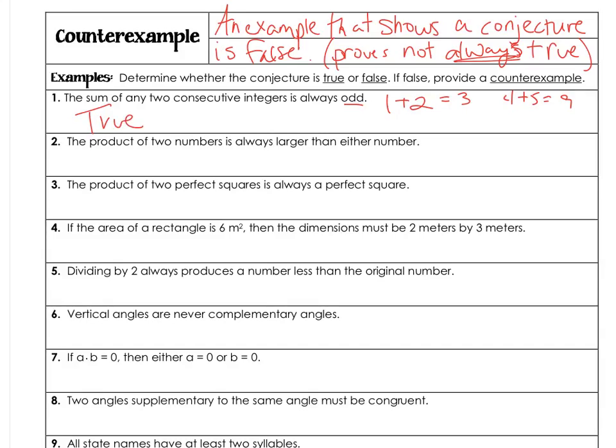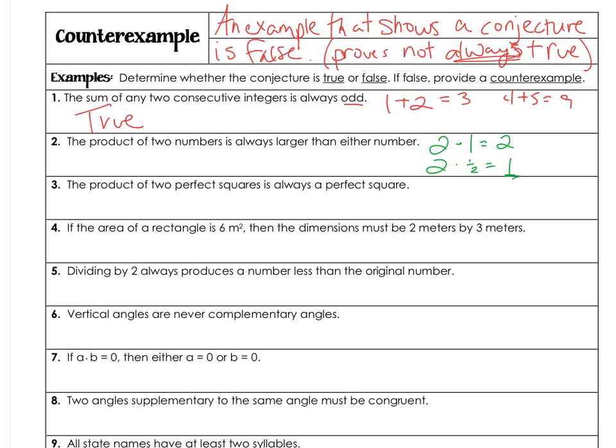So for number 2, the product of 2 numbers is always larger than either number. So we have to think of when we multiply any 2 numbers together, so say 2 times 1, that gives me 2, and that is not larger than the other number. Or we can think of 2 times 1/2. I can even make it smaller and see that half of 2 gives me a 1.